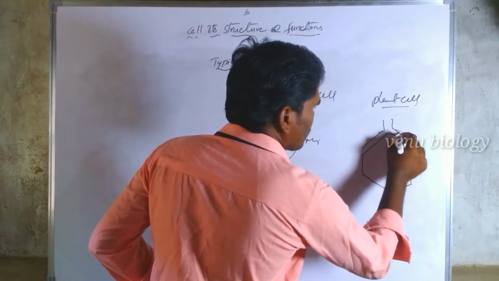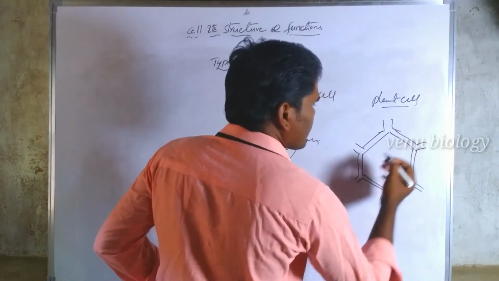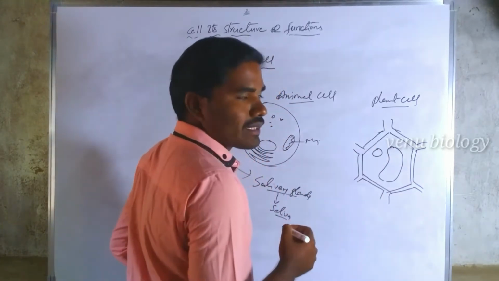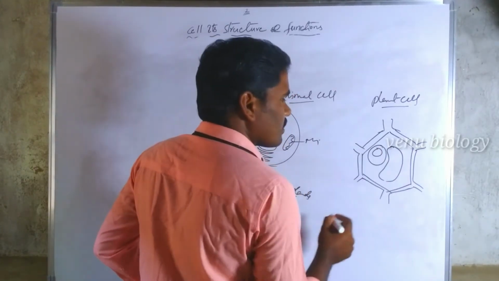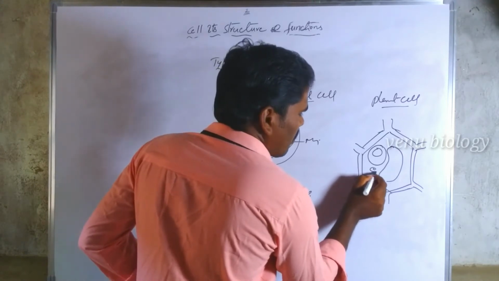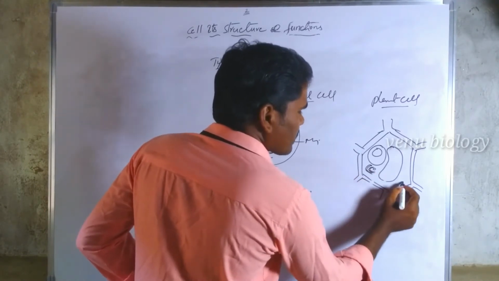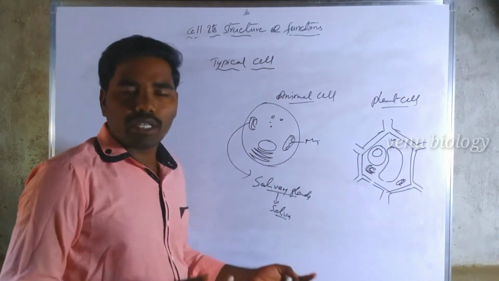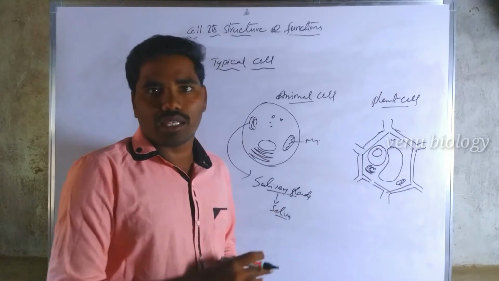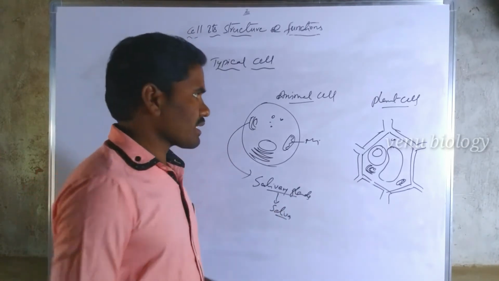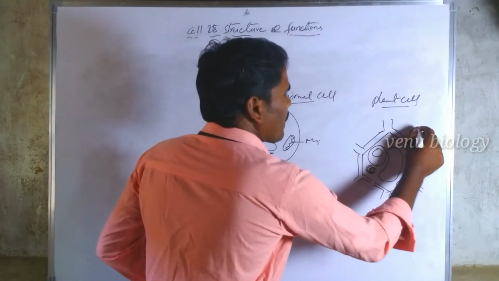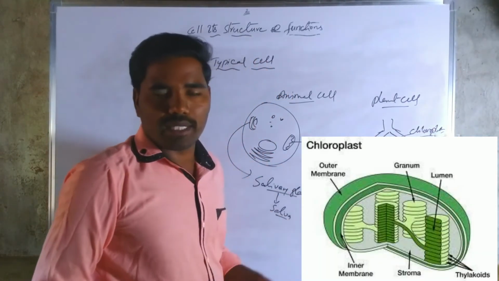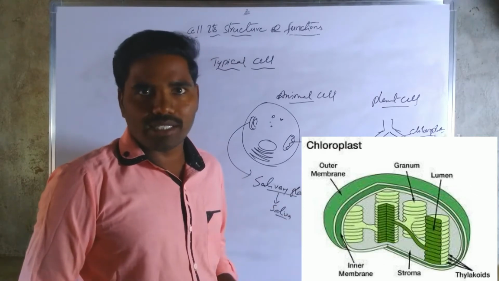They have the outer coat, the thick cell wall, the central large vacuole, nucleolus, nucleus, Golgi bodies, mitochondria, and chloroplast. For example, if we take the chloroplast, here we mention the chloroplast in the typical plant cell.